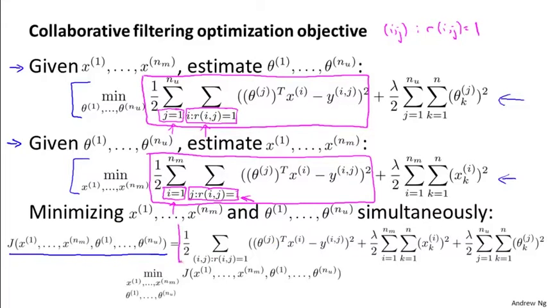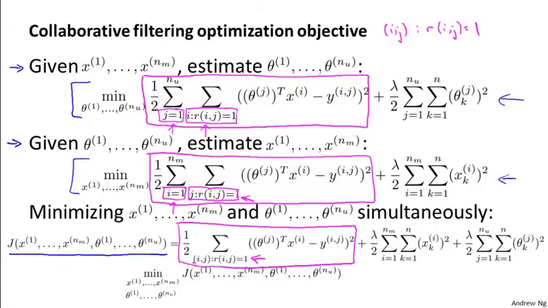And so those two terms up there are just exactly this first term, and I've just written the summation here explicitly, where I'm saying the sum of all pairs ij such that r(i,j) is equal to 1. And so what we're going to do is define a combined optimization objective that we want to minimize in order to solve simultaneously for x and theta.